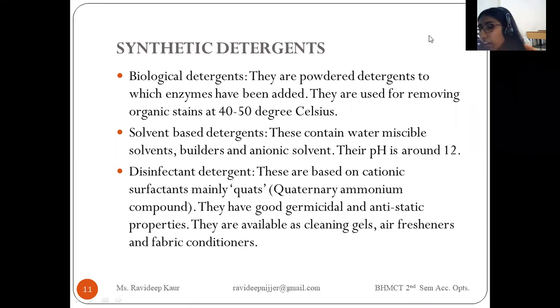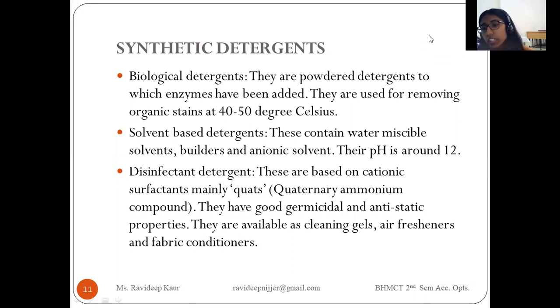So what are biological detergents? They come as a powder, and enzymes are added to this powder detergent, and they are used to remove organic stains at 40 to 50 degrees Celsius.